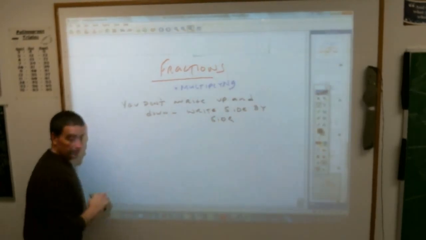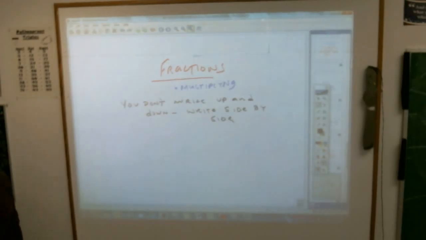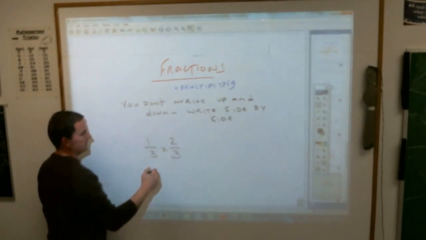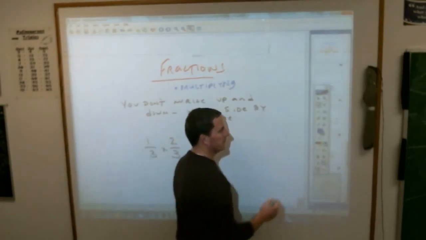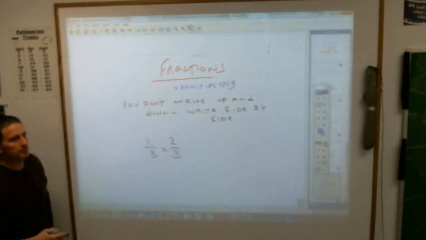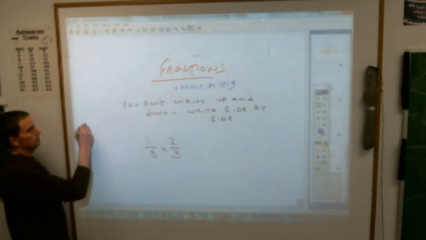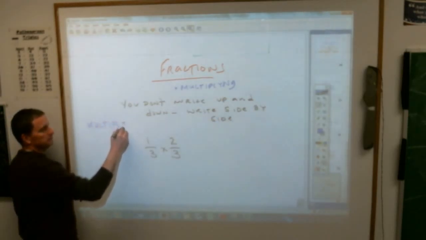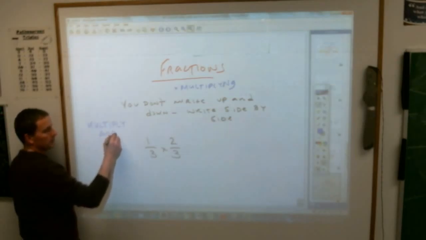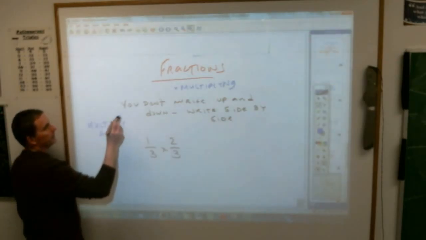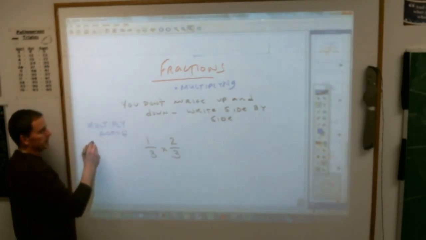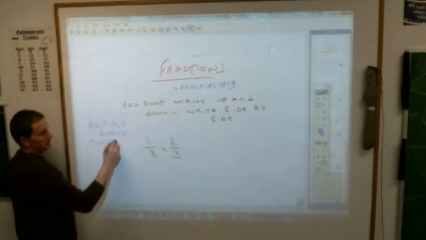So in other words, if you are given something like 1/3 times 2/3, that's exactly how you write it on your paper. The simple rule of multiplying fractions is you just multiply across, which means you multiply the two tops and you multiply the two bottoms.